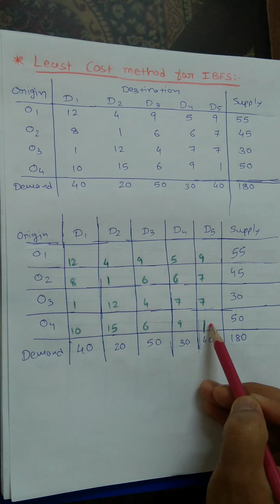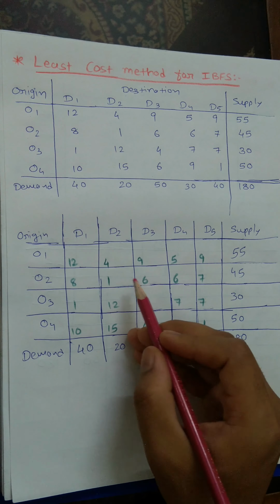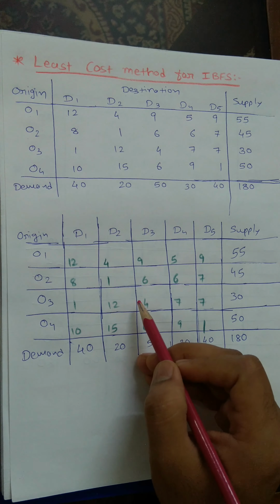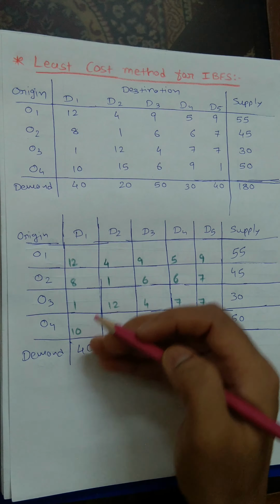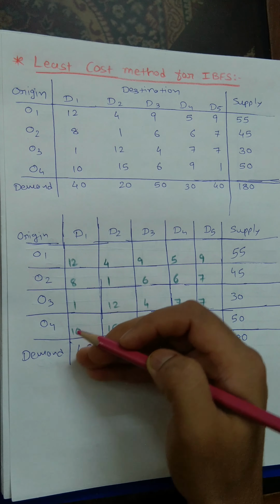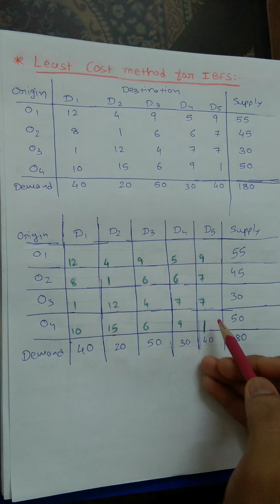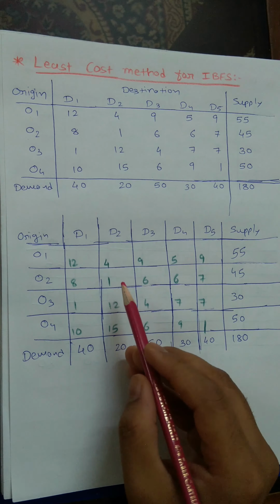For that, we first need to check the maximum allocation in all these three. So let us check it. For the O2D2 cell, for the O3D1 cell and for the O4D5 cell. So let us pick the O2D2 cell.